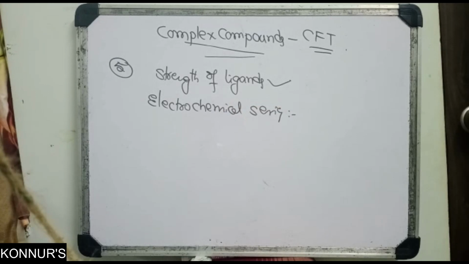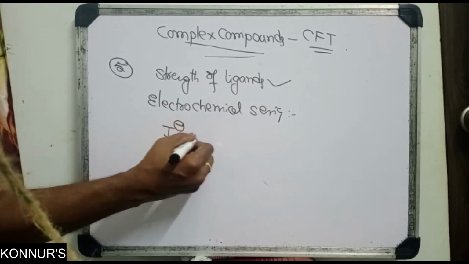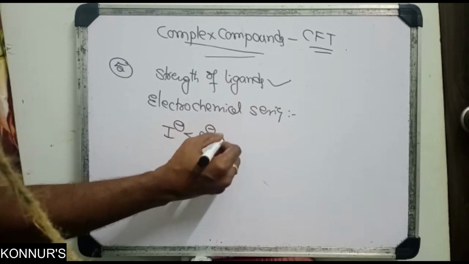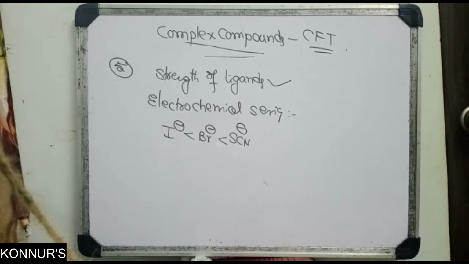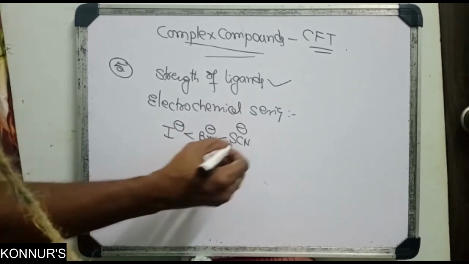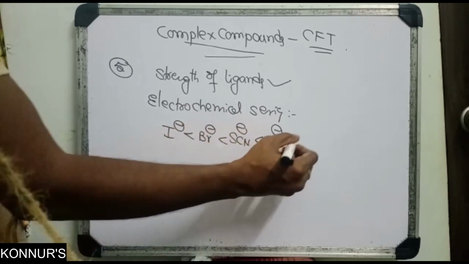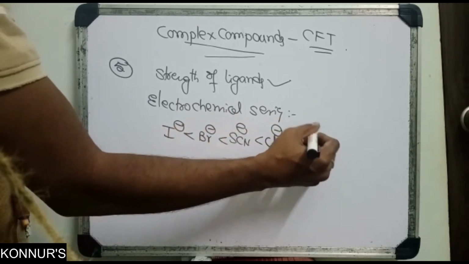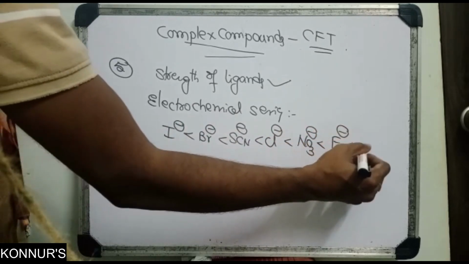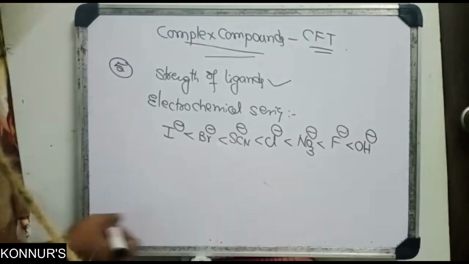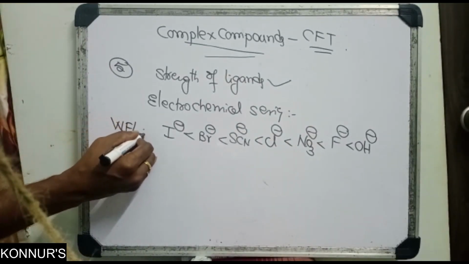According to that, the ligands are: iodine, bromine, SCN minus, chlorine, NO3, F minus, OH minus. So these are weak field ligands.